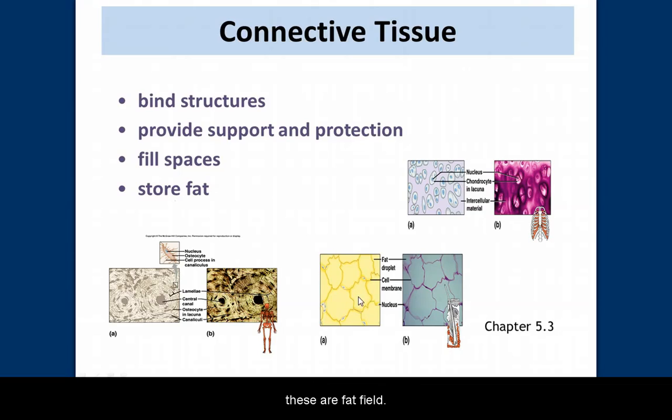These are fat-filled adipocytes. You have specialized connective tissues such as cartilage, bone, blood. Those are examples of specialized connective tissues.